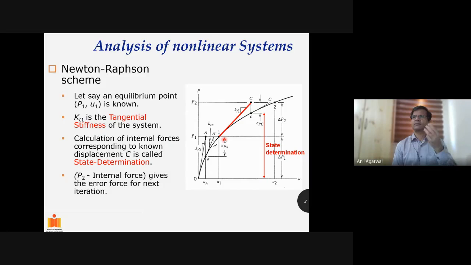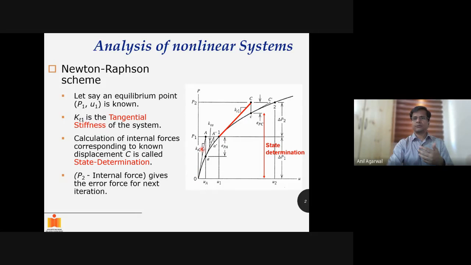So there are three significant steps, in my opinion. The middle one is pretty much exactly the same as it was before. That is calculation of deflection for the unbalanced forces based on the tangential stiffness. But the first step was calculation of tangential stiffness. Earlier, it was just simply calculation of stiffness. Now it is calculation of tangential stiffness, and that you have to do in each iteration.